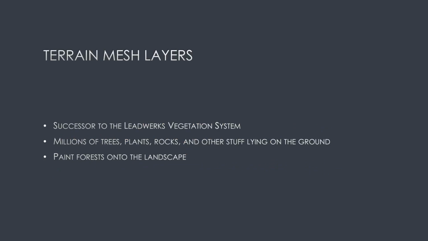This is what I'm calling it. This is the successor to the Leadworks vegetation system, and it is designed to handle millions of trees, plants, rocks, and whatever other stuff you have lying around on the ground. It allows you to just paint forests onto the landscape.